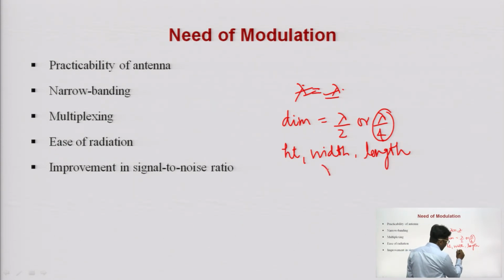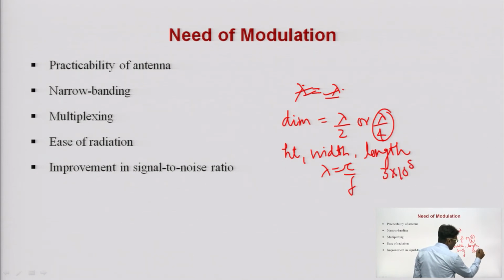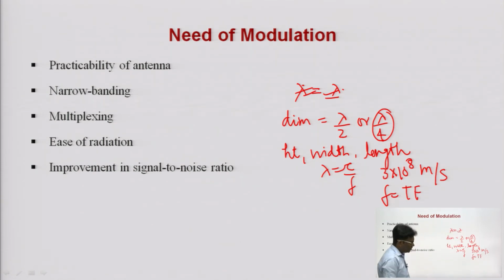Lambda is given by c upon f, where c is the velocity of light, 3 into 10 to the power 8 meters per second, and f is the transmitted frequency. Generally this is the frequency which the transmitter is transmitting without modulation.